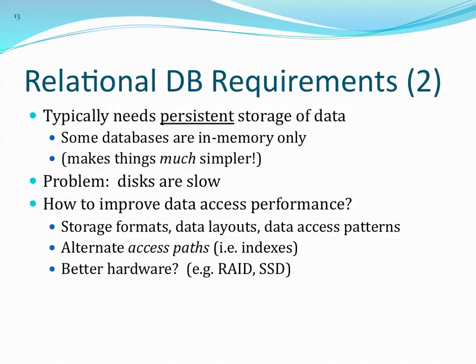So how do we improve access performance? We have various storage formats and data layouts. We'll spend quite a bit of time talking about that, actually. There are some really clever ideas for how to lay data out on disks so that you don't have to touch them very often or in very expensive ways. That's neat. We have access paths, which we talked about a little bit in 121, indexes. And then of course you have RAID.